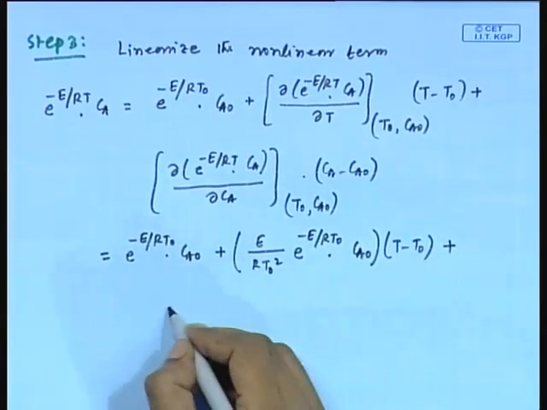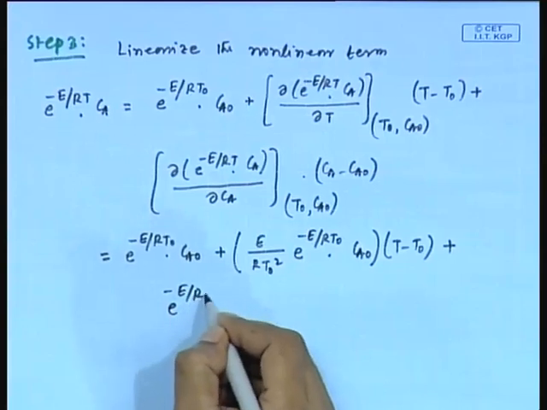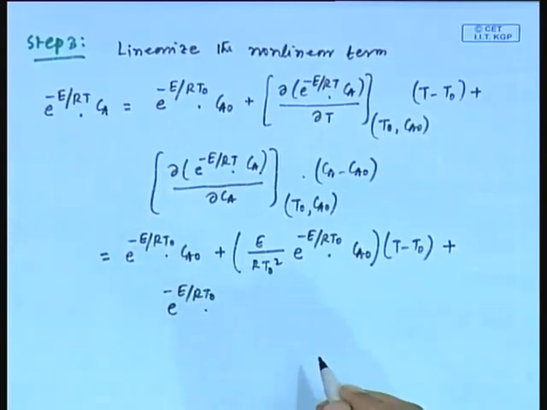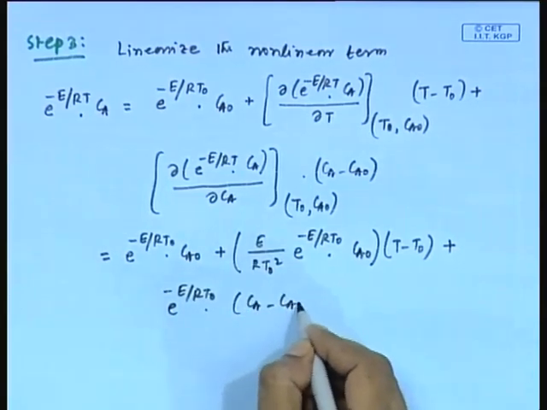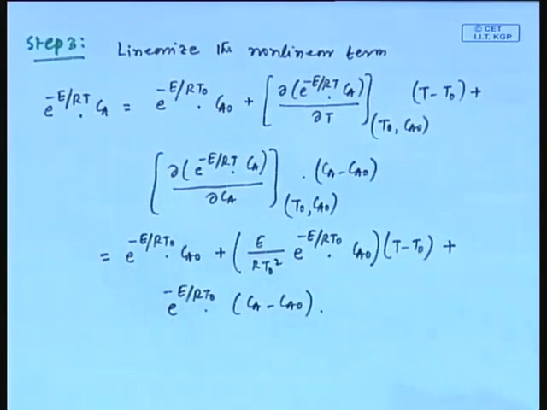Third term will be exponential of minus E divided by RT naught into (CA minus CA naught). Fine.